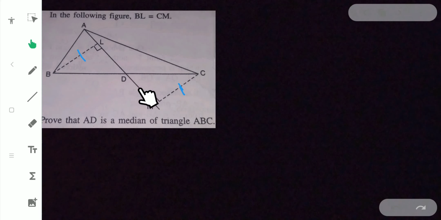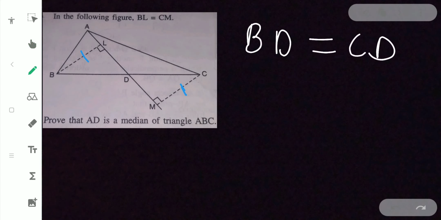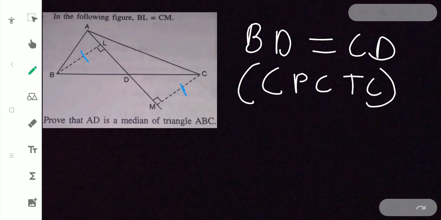Similarly, we are having BD is equal to CD by CPCTC.